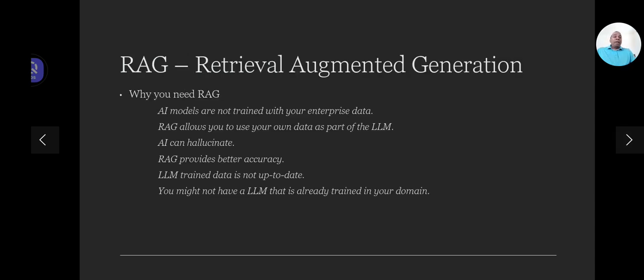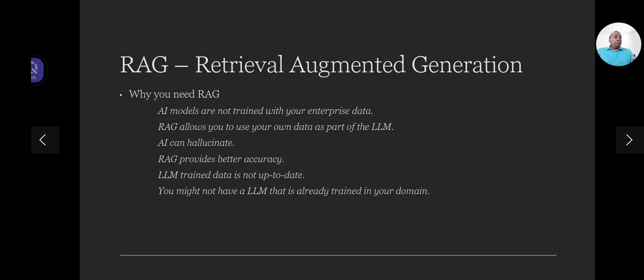Now, what is RAG? I already said RAG is used for augmenting the learning model with your own enterprise data. Now, why do we need RAG? The GPT-4, if I remember correctly, is trained with 2021 data.